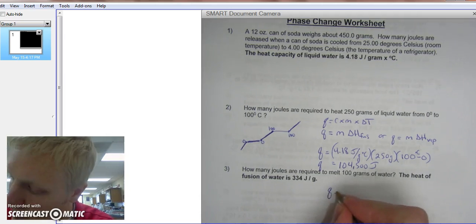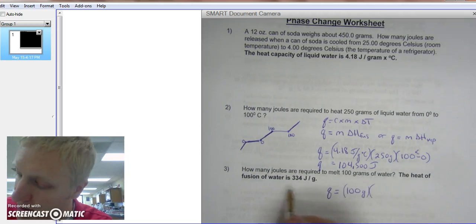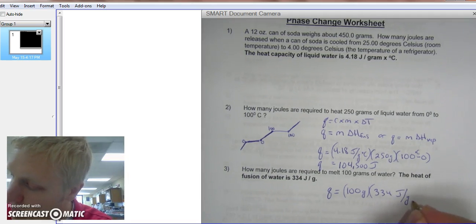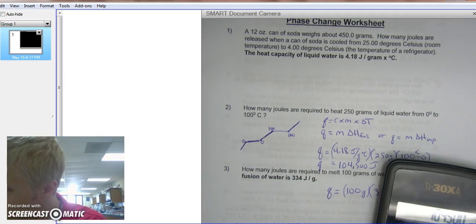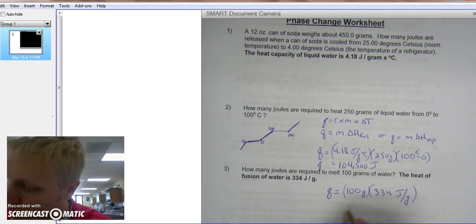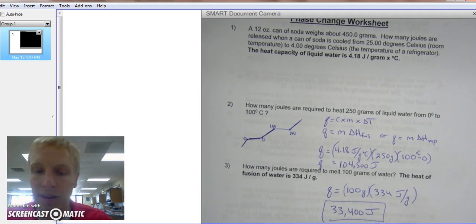So our Q equals our mass, 100 grams, times our heat of fusion, which they give us as 334 joules per gram. So 334 times 100 is 33,400 joules. Grams cancel out, and that's the energy required to melt 100 grams.